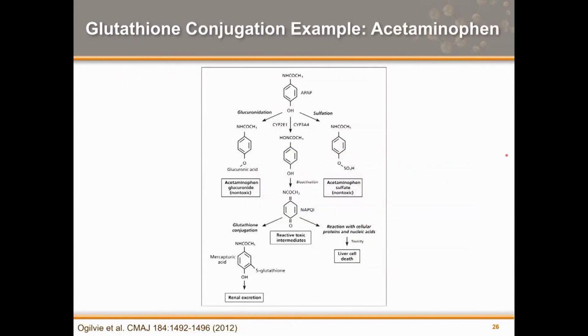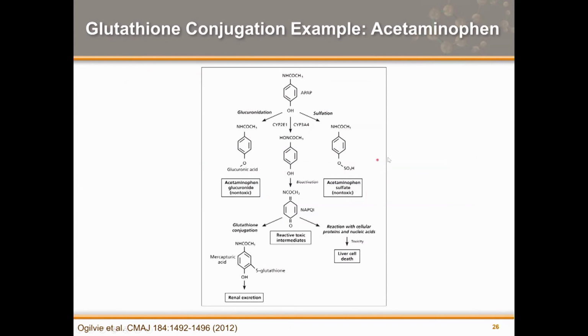The classic example of glutathione conjugation being critical for the detoxification of a drug is with the analgesic acetaminophen. The structure of acetaminophen, or APAP, is shown here. Under normal conditions, at normal doses of acetaminophen, you get both a glucuronide conjugate as well as a sulfate conjugate that are formed.